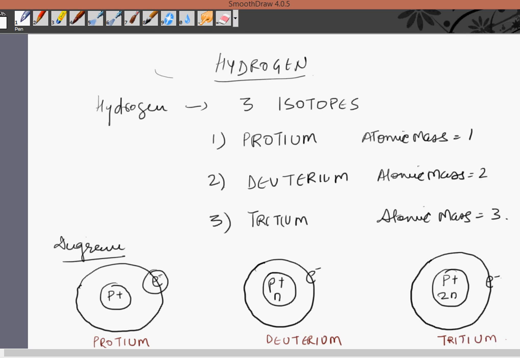So friends, let me give a table view for this. Let's give a complete composition of these three isotopes of the hydrogen atom. Isotopes.